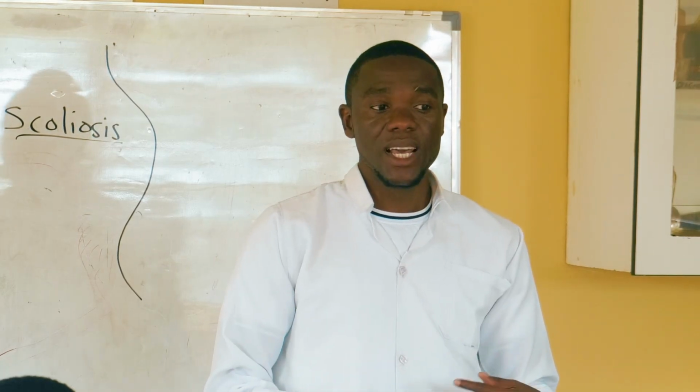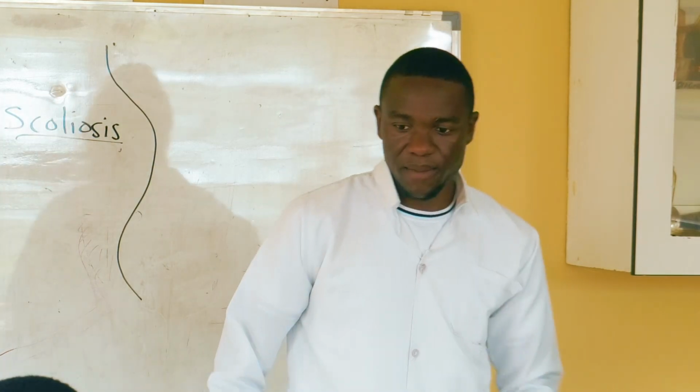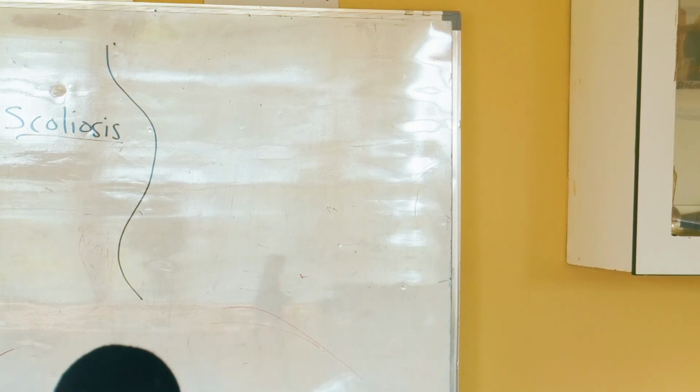You'll find that as they are walking, the way they walk, I think you have seen a patient who is walking like this. If it is not just that the patient suffered from a hip joint fracture or any dislocation, you will find that this one is not working, isn't it? So that is now hemiplegia.